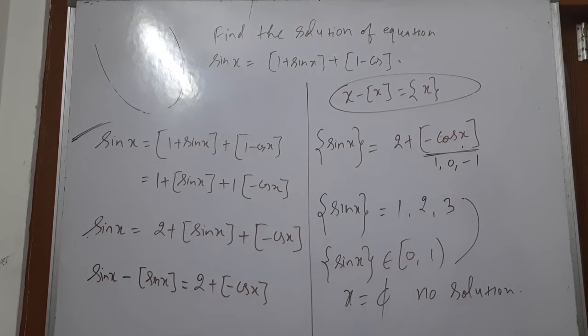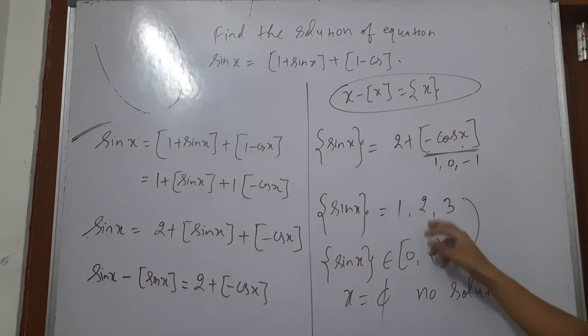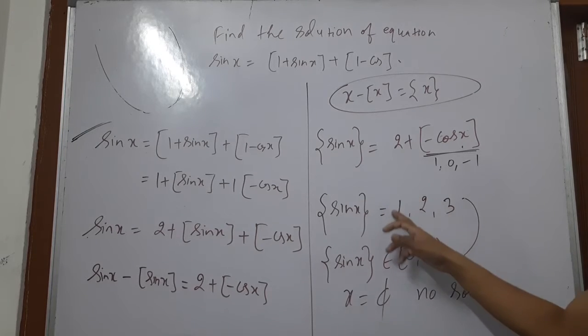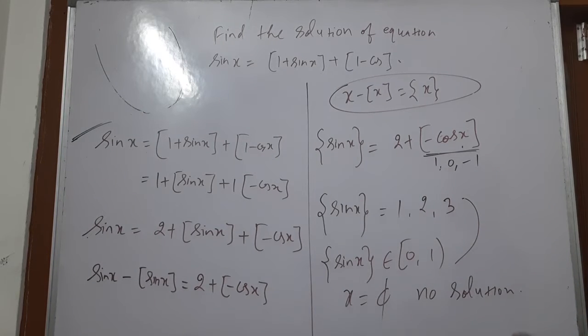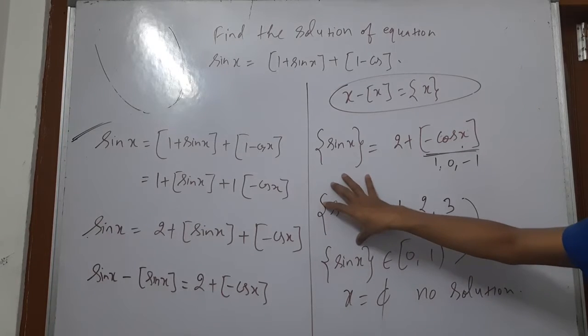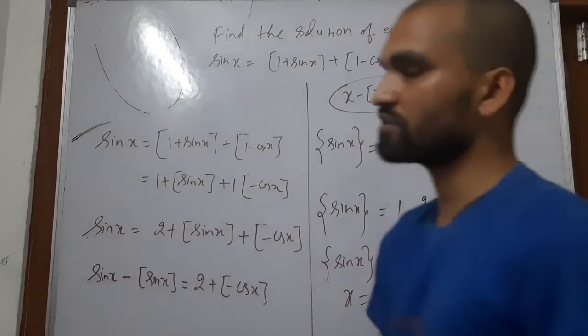So on 1 it will be 1, on 0 it will be 2, on minus 1 it will be 3. So the possible values of the fractional part of sin x are 1, 2 or 3, which are not possible in actual form, because we know that the fractional part function has range closed 0 to open 1. So this result and the actual result contradict each other, so no solution is possible here.